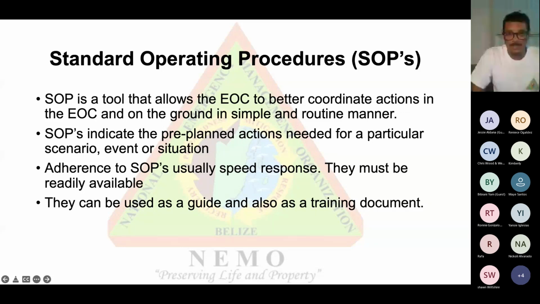And this helps us again to stay on track. So you can have an SOP for a simple incident, for instance, like message handling, and then you'll have the bigger SOP for managing phase 1, phase 2, phase 3 of a hurricane, right?